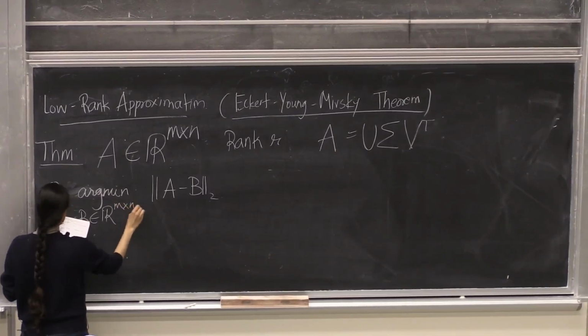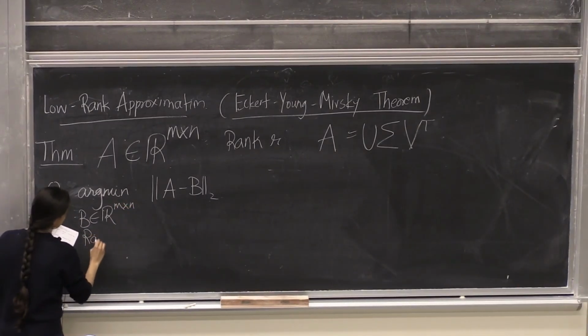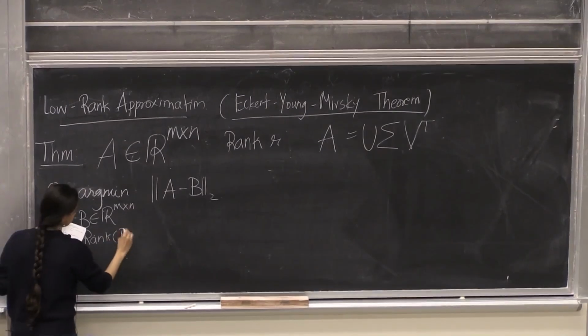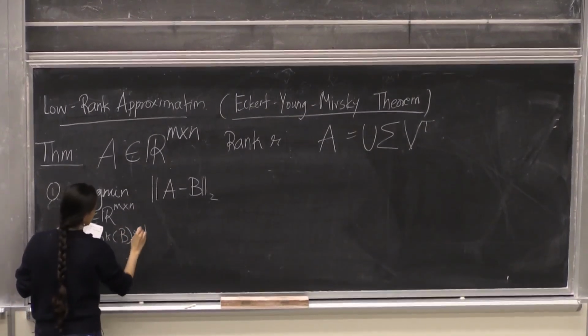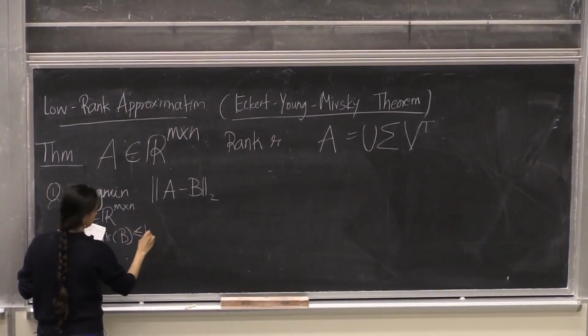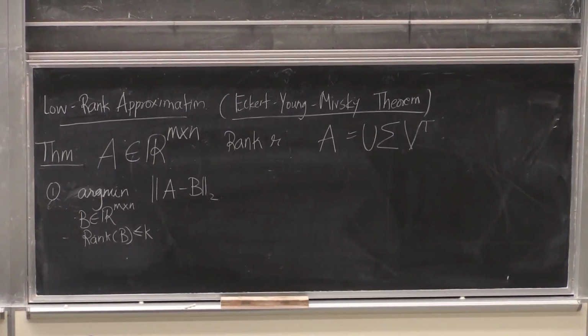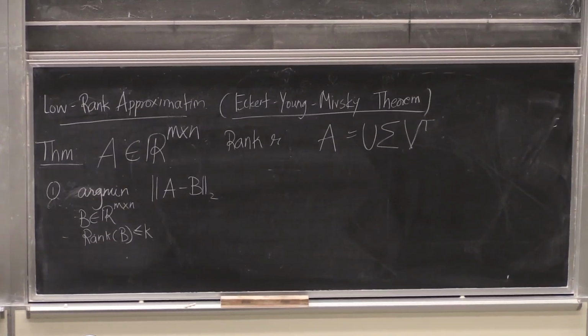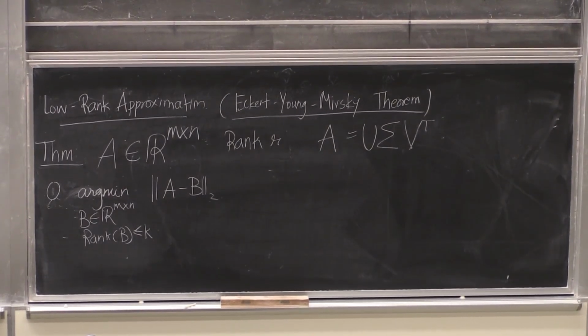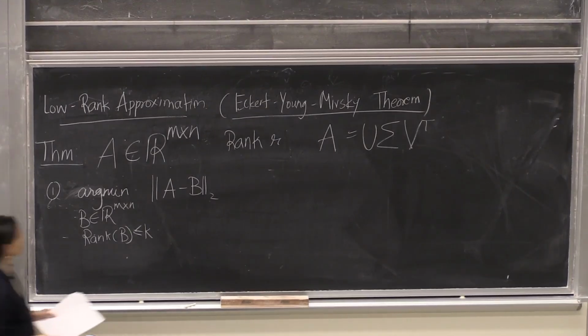It's the same size as A, but the rank of B is at most K. So I want to find a rank K matrix that is approximately equal to A in the 2 norm sense. When I take the difference between A and B, and I take the 2 norm of that, I want that to be small. That's one way to think about this.